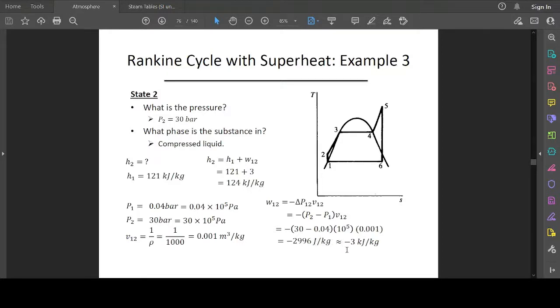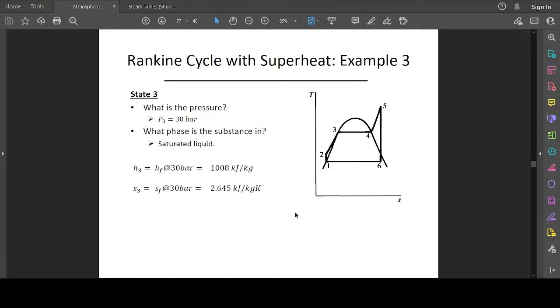If we add that value to the enthalpy at stage 1, that will give us the enthalpy at stage 2. And remember to convert your pressures to pascals instead of working with bar, to be consistent with the units.